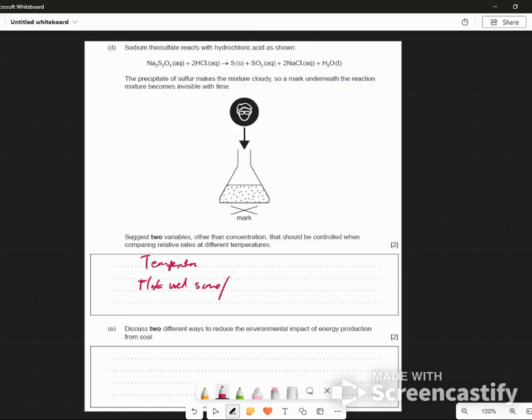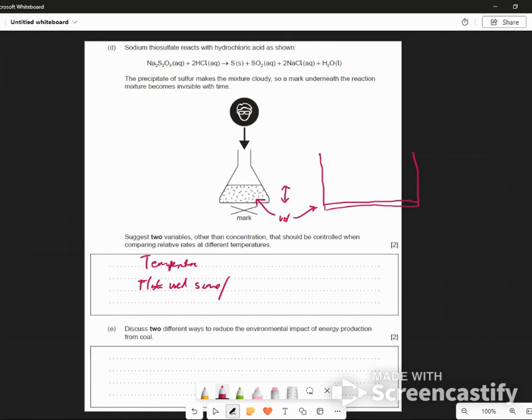Because the flask used is going to determine the depth of liquid there. And when you're looking down it, if you use a big, let me use a big beaker. Okay, imagine there, look at that. And it's the same volume. The volume is the same in both, but the depth is different.